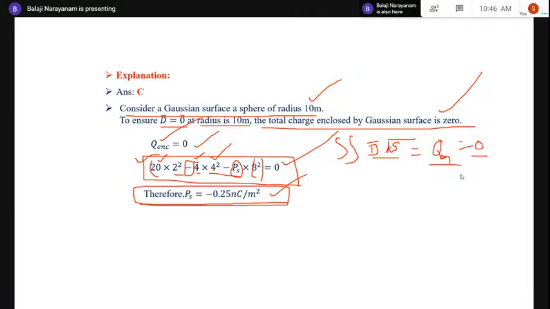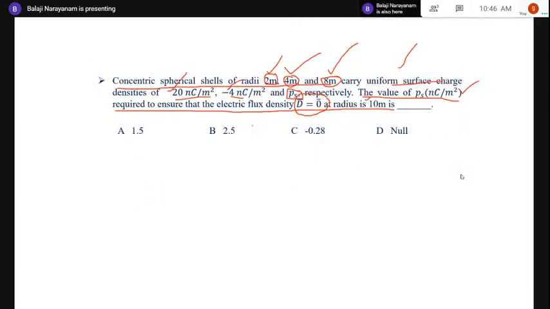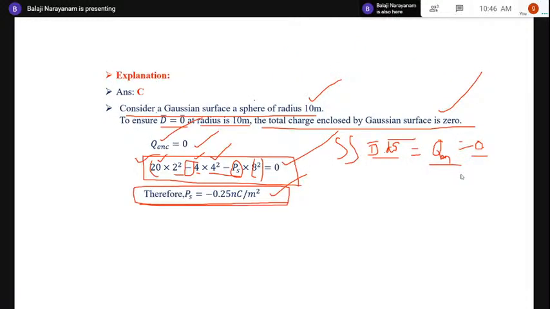Here we have not shown it explicitly, but in the problem it is clearly given as 20 nanocoulomb per meter square and minus 4 nanocoulomb per meter square, and rho s can be computed as minus 0.25 nanocoulomb per meter square. Very easy.